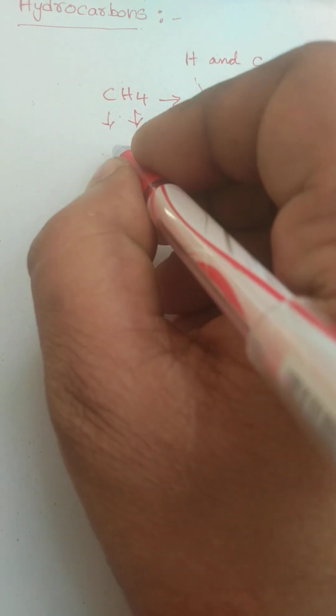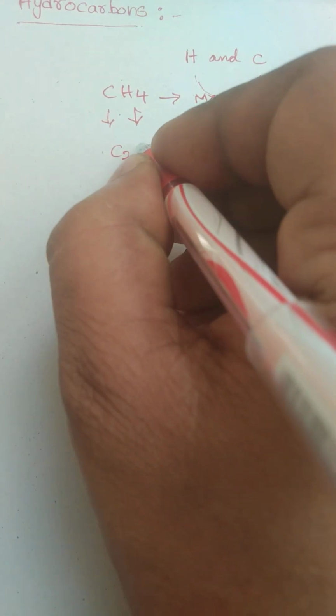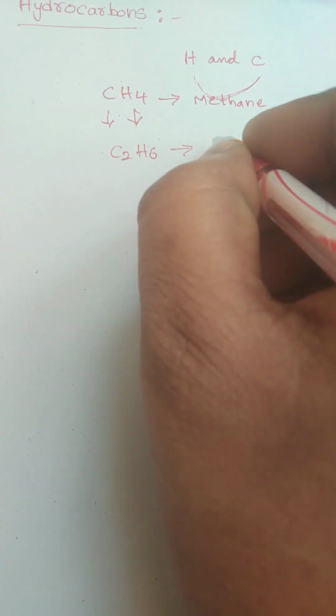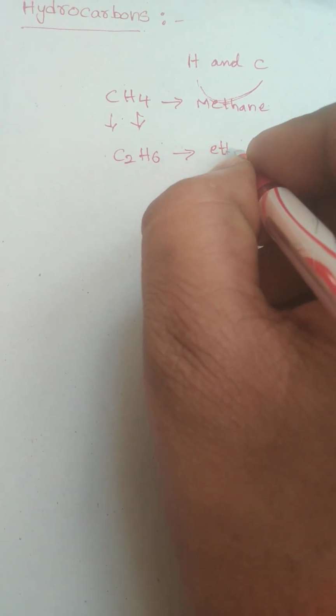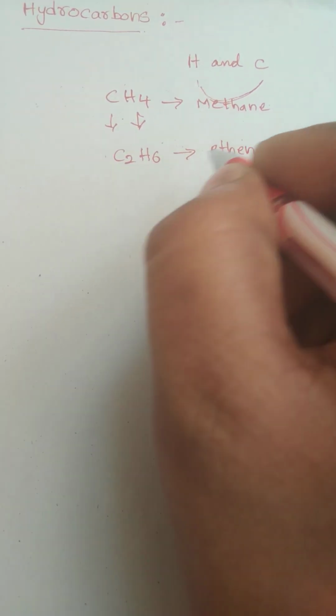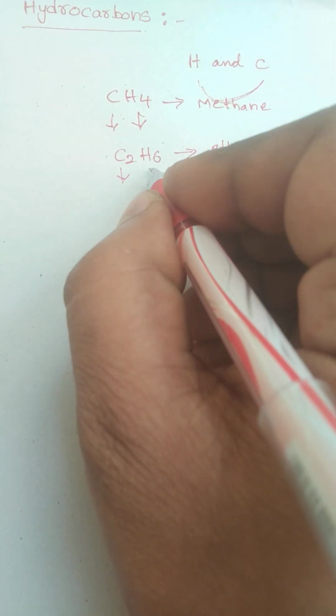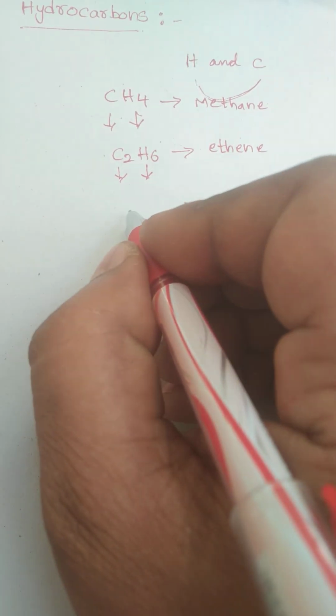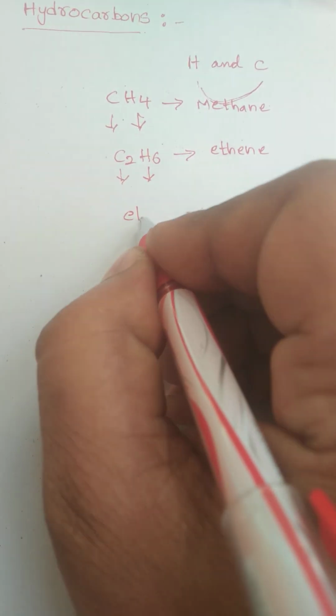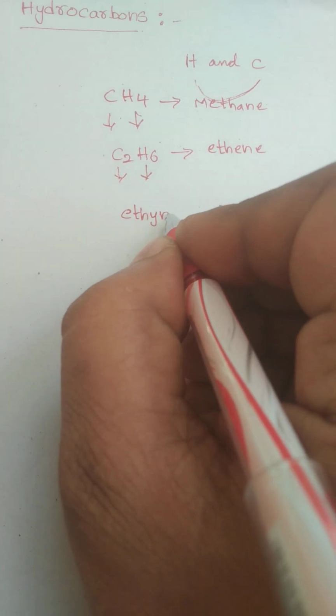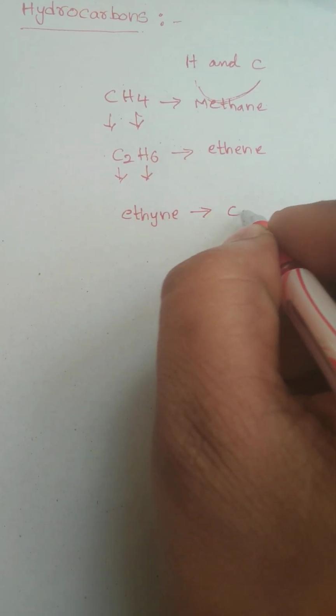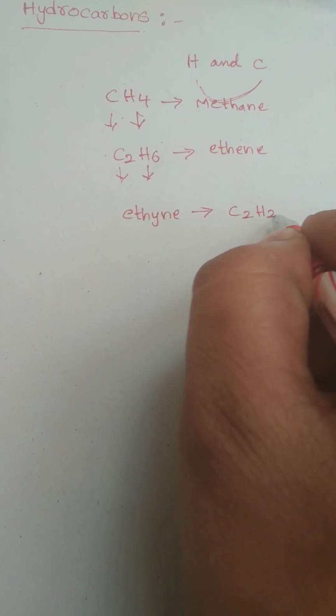Coming to the second one, ethane, C2H6. This is also made up of carbon and hydrogen. Also we have ethyne, we name it as C2H2.